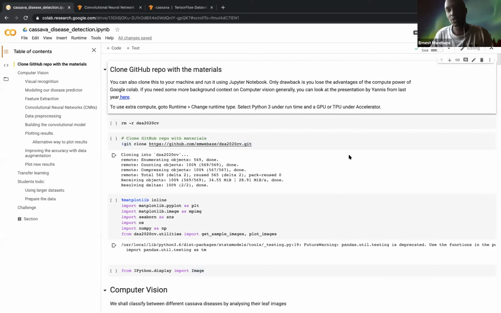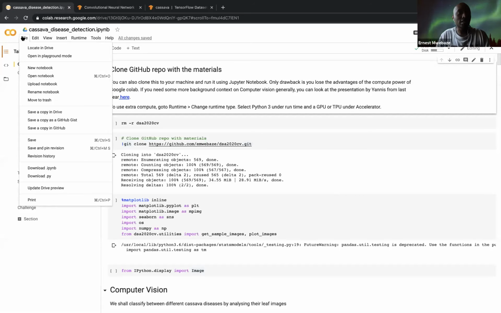Okay, so the link should be active. When you get the link, it's viewer only. So you need to go to File and save a copy to Drive, and then that copy is the one you can edit, so that we are not all editing the same collab.